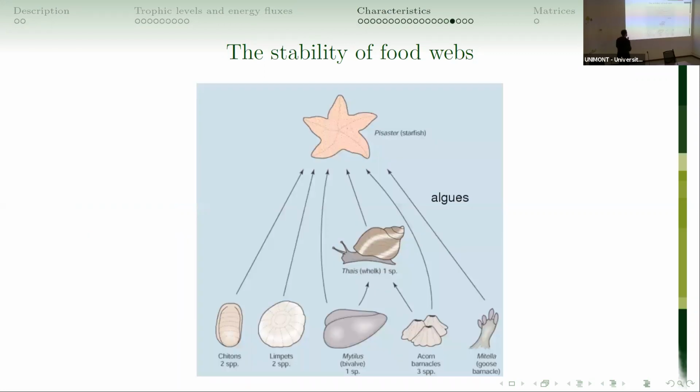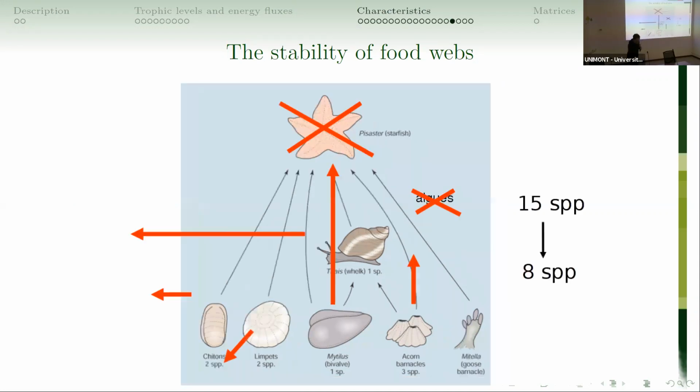Just to give you an example, this is an experiment that appears in all ecology books. It was a simple system where you have this top predator, which is a starfish, and this is, let's say, the web of interactions. What they did, they eliminated the top predator, and what happened?